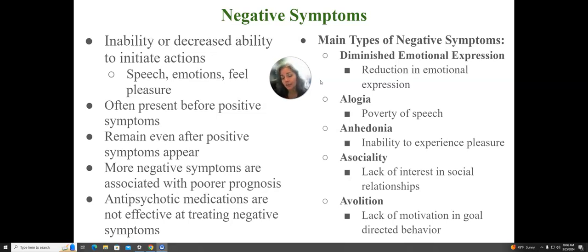Anhedonia is the inability to experience pleasure and joy, even in things that otherwise do produce joy for them, maybe a particular food or a TV show or even a person. They may not react to or show that same response.